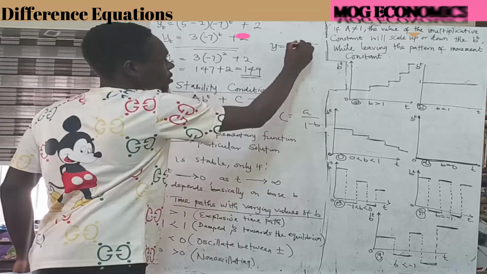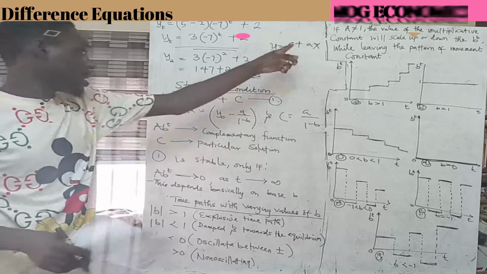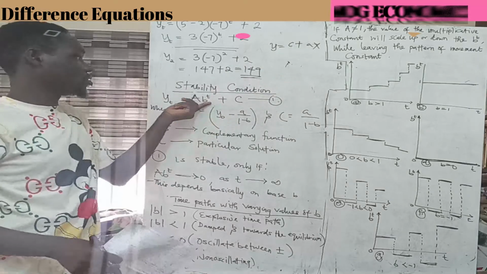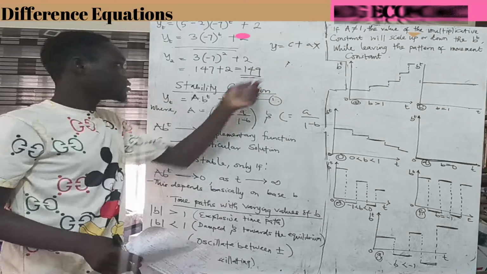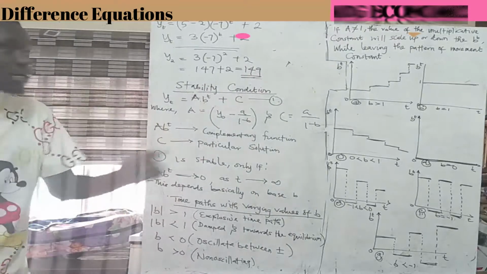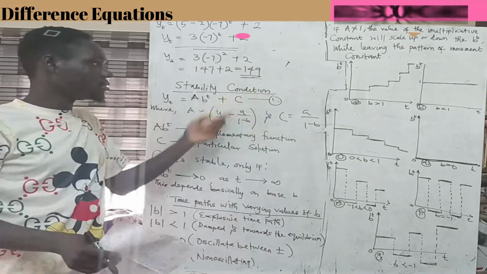Let's write it this way. This is a simple linear equation. This here is just more or less like the slope, and this one is the intercept in this case. So this one will only cause a shift to change the intercept.